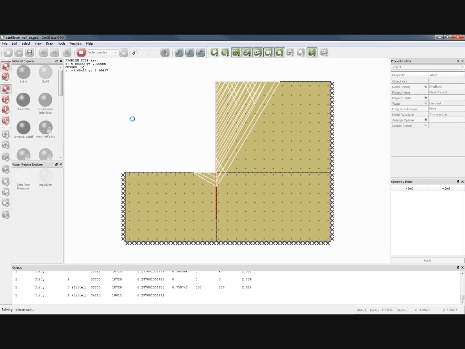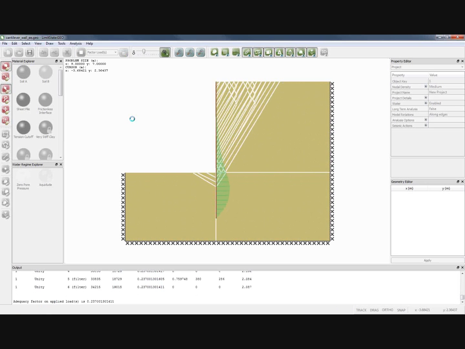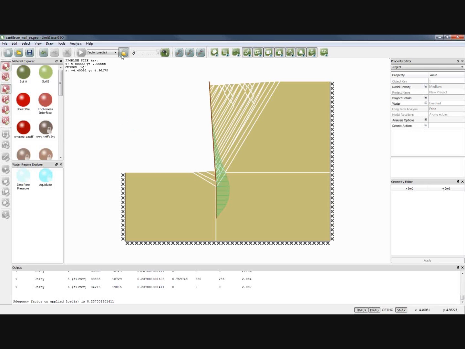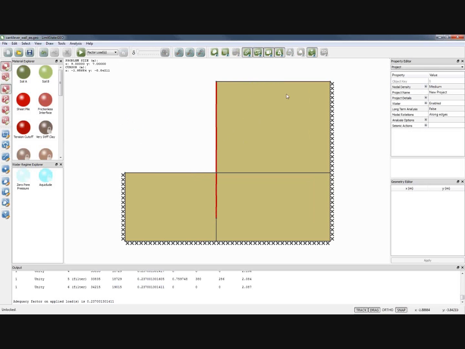So you can put in a bending strength and see what will happen at the ultimate limit state. So that is very quickly a summary of the cantilever wall analysis. I'll just shut that down and jump back to the presentation.